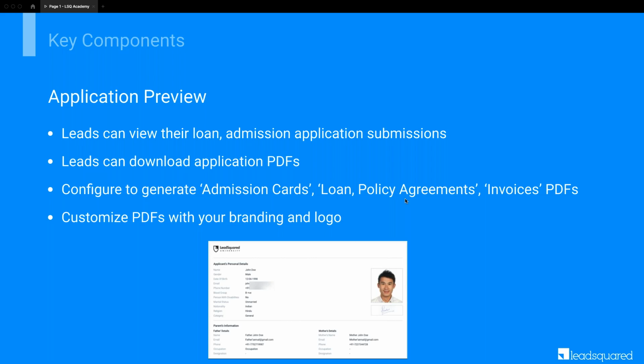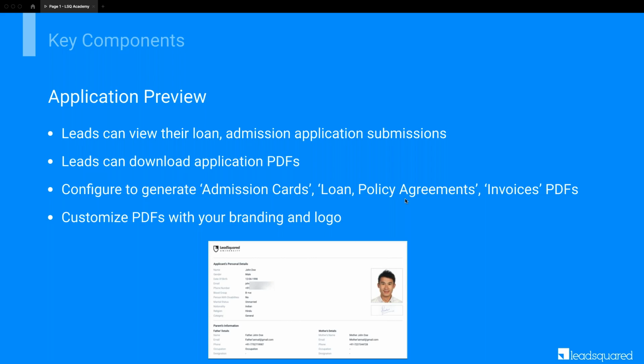With these application previews, leads can download their application PDF and maintain a copy at their end. Not only that, you can even configure these application previews to generate custom formats. Say, you could generate loan agreements, insurance policy agreements, college enrollment cards, admission cards, invoices.